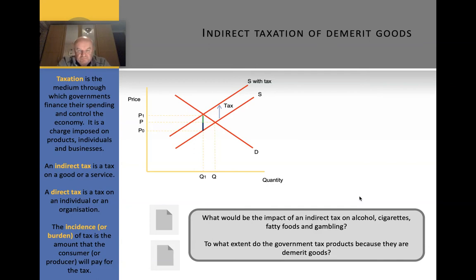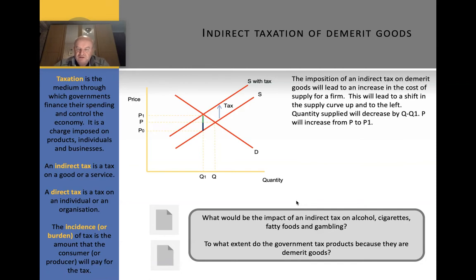The graph you can see above is basically the way in which taxation is used to try to discourage the consumption of demerit goods. Let's go step by step through this to explain what we've got going on.